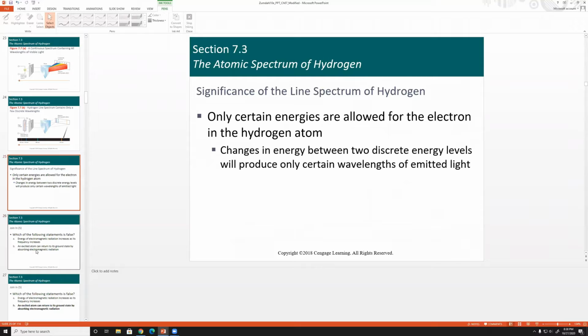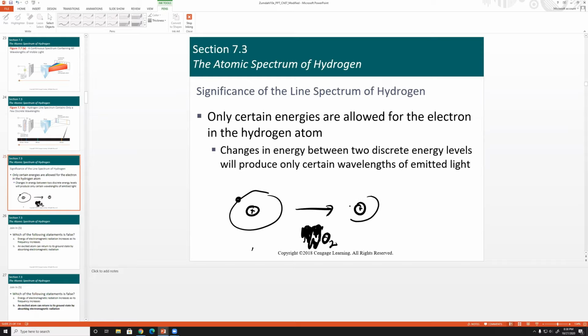So does that make sense? Basically what happens is, I'll draw a little diagram. You have hydrogen, there's the nucleus, there's the electron, there's before, and then you heat it up. I'll put an arrow, and I'll put a flame. What happens is, this is energy level 1.